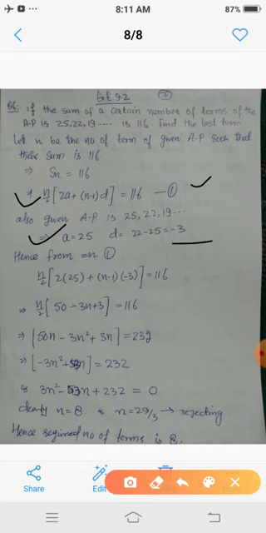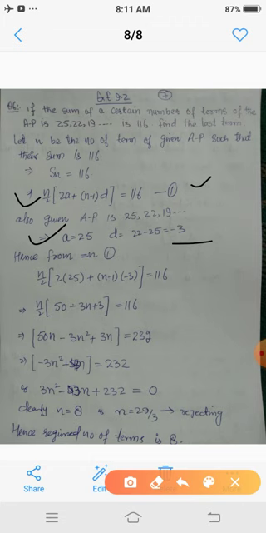Which implies that n by 2 into 50 minus 3n plus 3 equals 116, or 50n minus 3n square plus 3n equals 232, by cross multiplication.